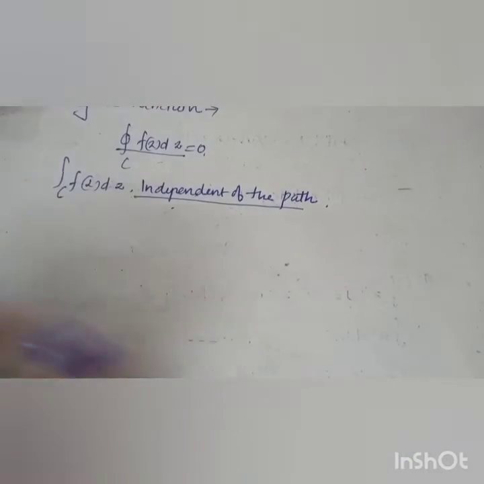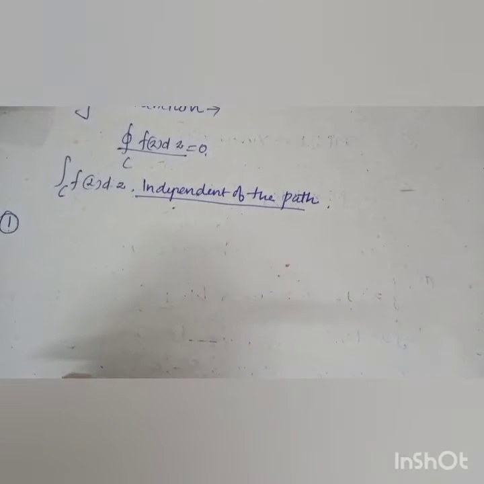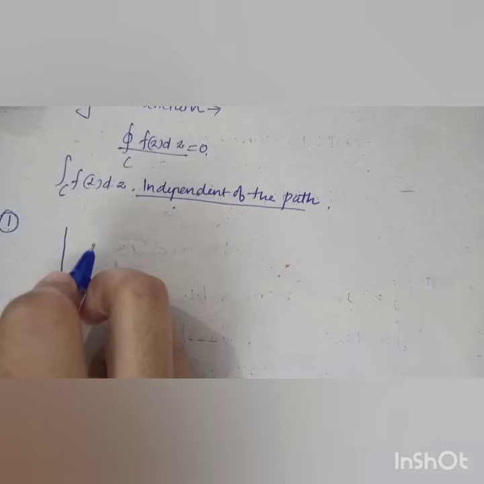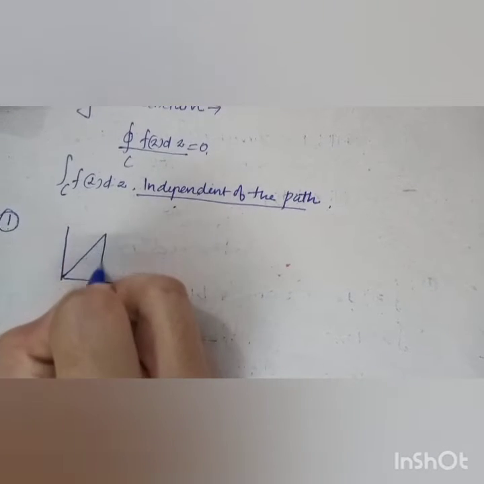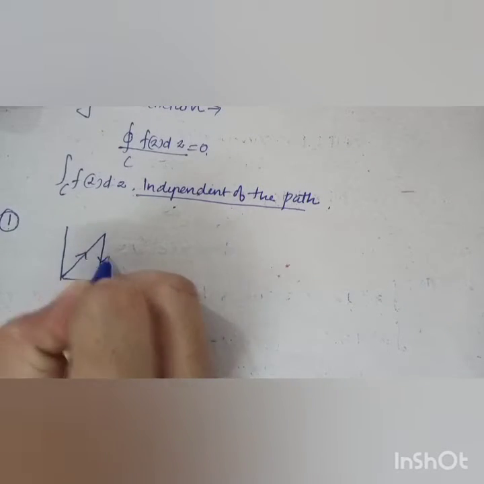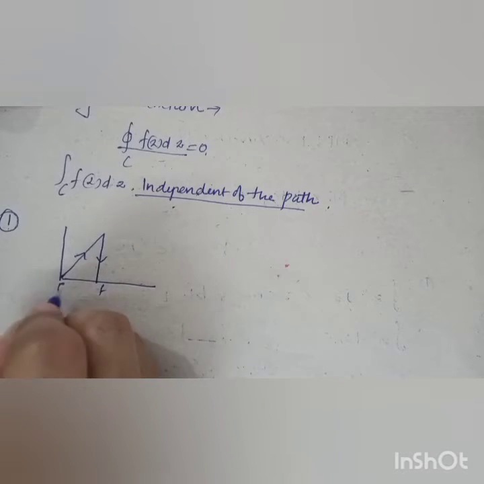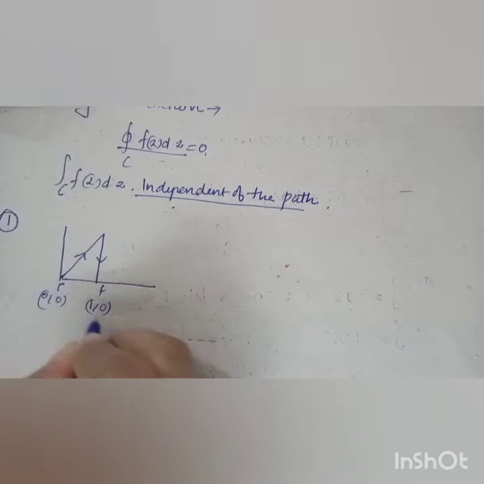So this is a problem, that is an analytic function, and the question is a figure like this, and here just the initial and the final points, you know that this is 0, 0 and this is 1, 0.